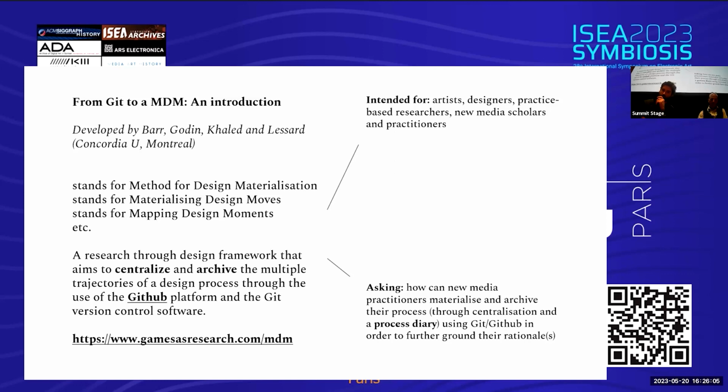In a nutshell, it enables research through design practitioners to centralize, archive, and materialize the multiple trajectories of their design process. It's intended for artists, designers, and practice-based researchers, in order to help us build pipelines for research to extract knowledge from our process-oriented projects.